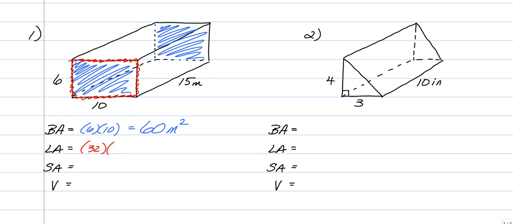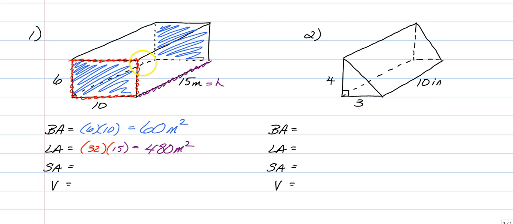Remember, we talked about this in the last video: the height of a prism is the distance between the bases. So we're going to use 15 for our height. Then you just multiply, and 32 times 15 gives us 480 meters squared. And that is our lateral area.